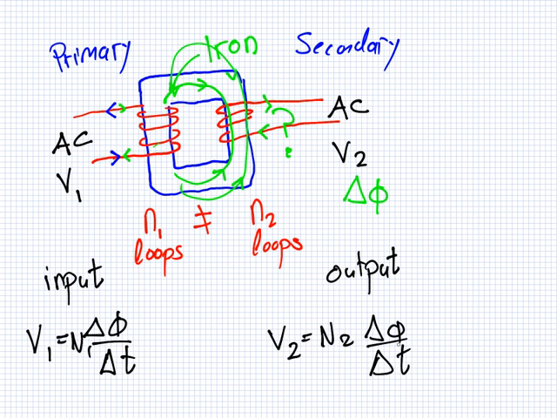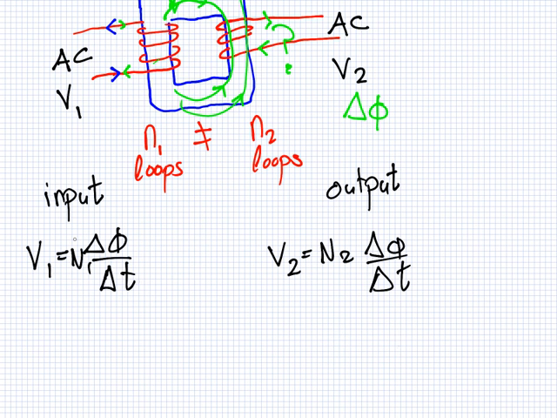Now, if we just look here for a moment, notice please on the left, what is the thing that you are providing in the formula? Or what is the thing that you're doing? You are providing an alternating current, a voltage here, and the cause is you're changing the magnetic flux.